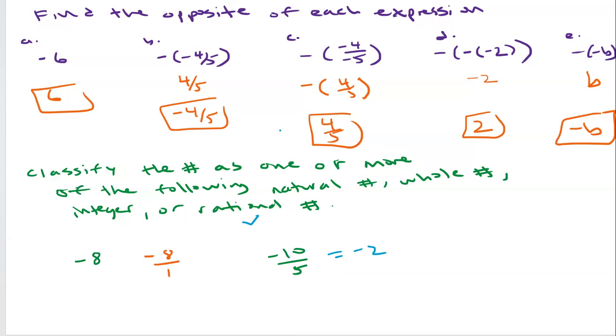Yes. So if -2 is an integer, then that means -10 over 5 is also an integer. Okay, so that's an integer. All right, and then we just mentioned that it's not a whole number. Can't be a whole number because it starts at 0, and this is -2, and it can't be a natural number because natural number starts at 1. So it's none of these guys. So this has to be an integer and a rational number. Okay, for both.